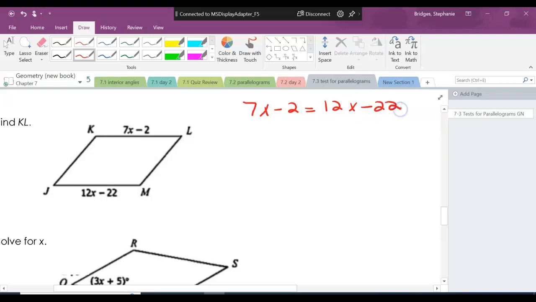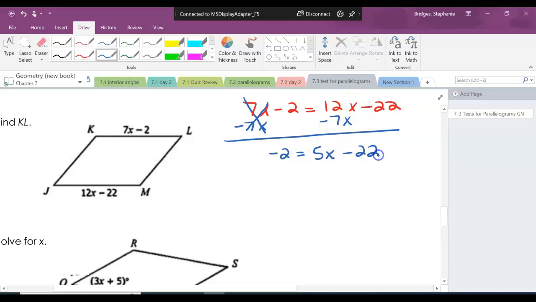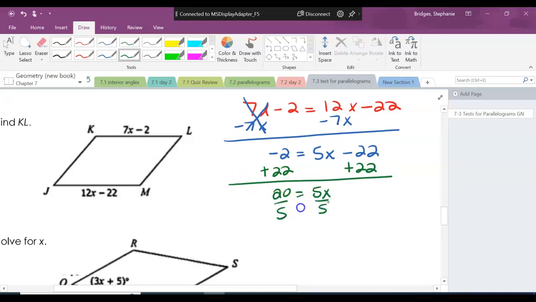I like to take my smaller x to my larger, so I'm going to subtract my 7x over to that 12x. 12x minus 7x is 5x. Then how am I going to move that 22 over? Add it. So that's going to give me 20 equals 5x. So what is it that x is going to be? 4.